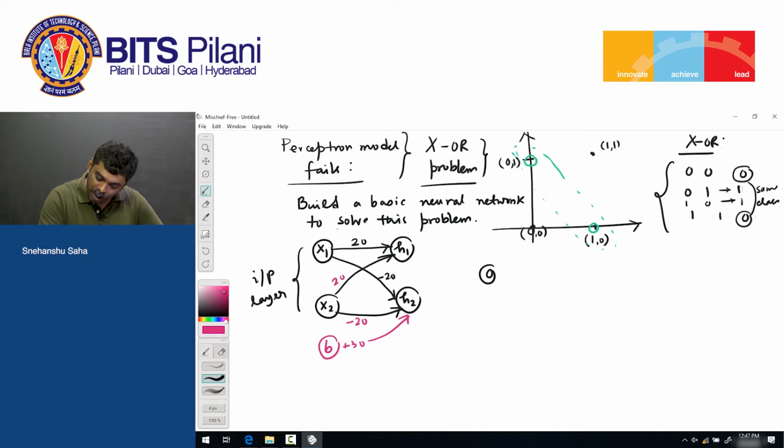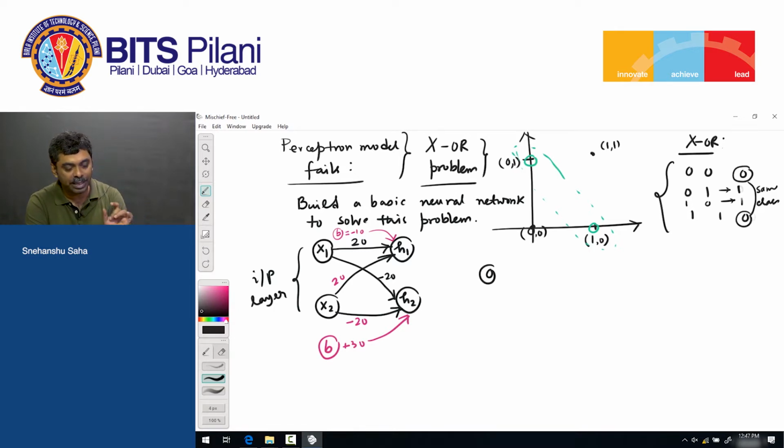That goes to one neuron in the hidden layer, and there is another bias unit, and this is something you can afford in a neural network. There is another bias unit, which is minus 10, which goes to the other neuron in the hidden layer. The reason we do this is that there are different orientations; there could be positive values and negative values.